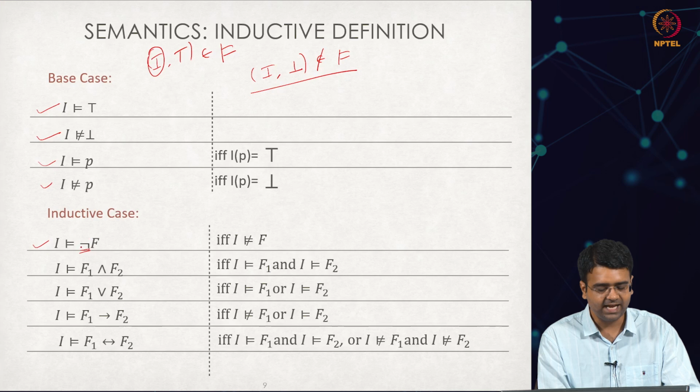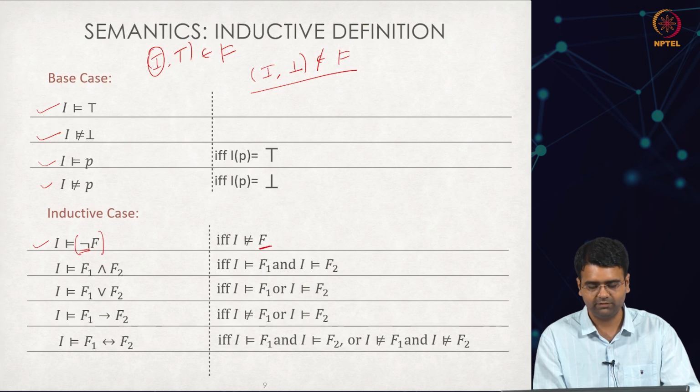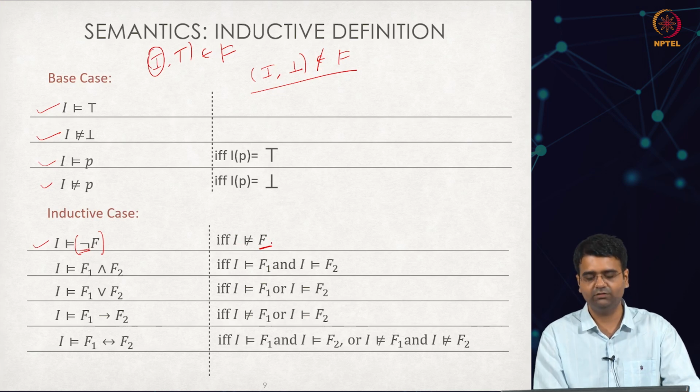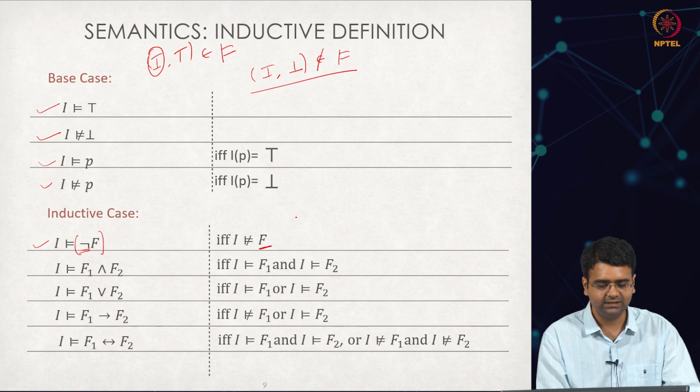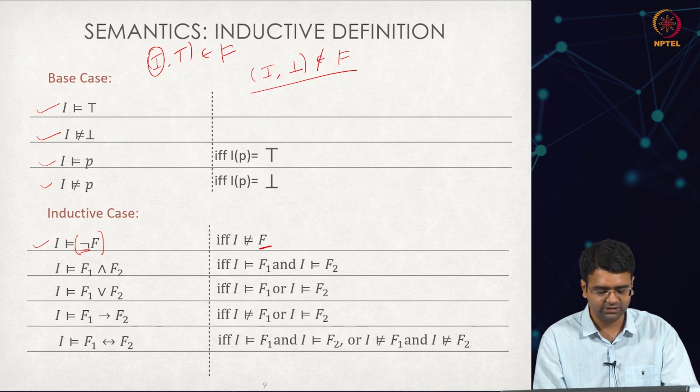To evaluate the entire formula, you first evaluate F using the interpretation I, and see whether I is not a model of F. If so, then I is a model of not F. Similarly for and, or, implication and double implication.